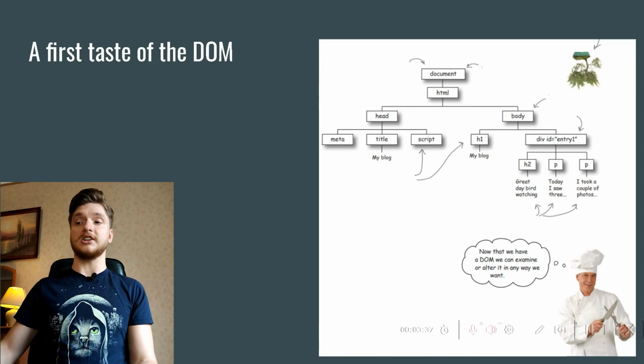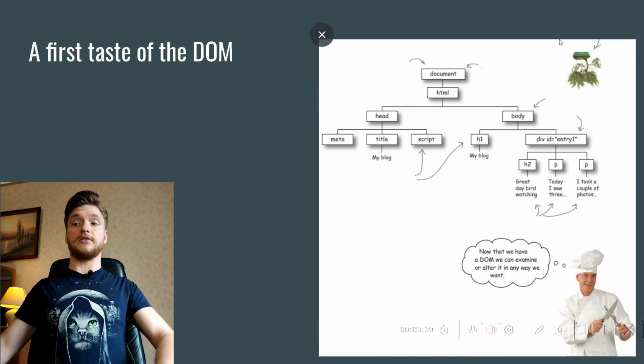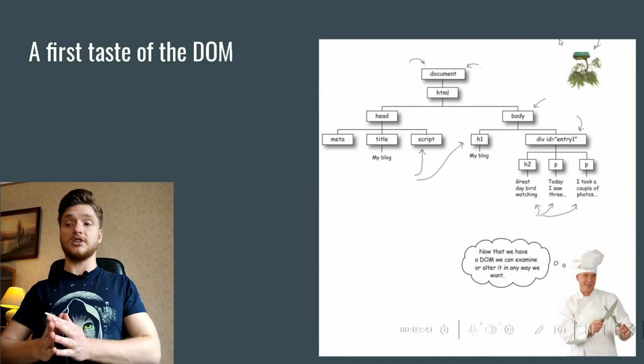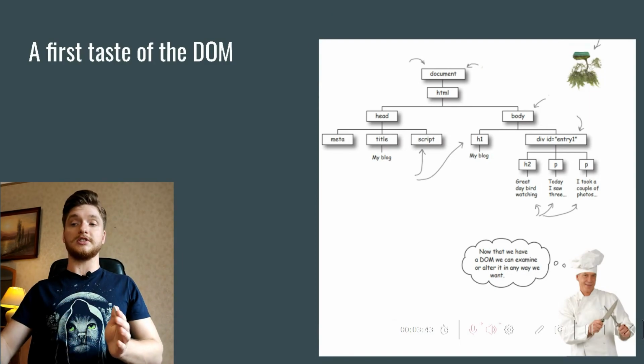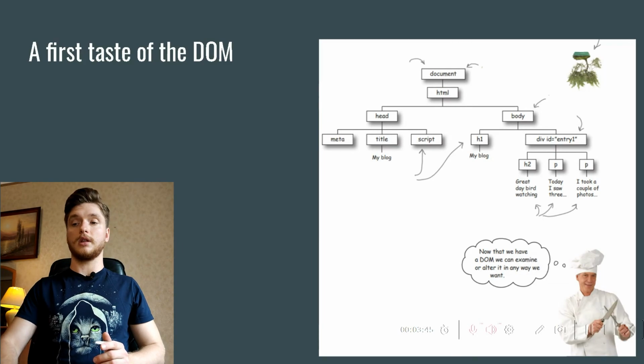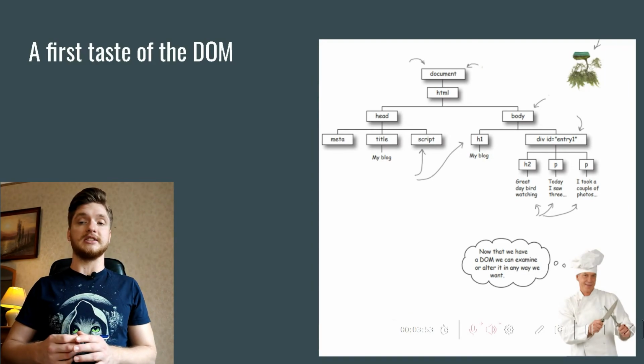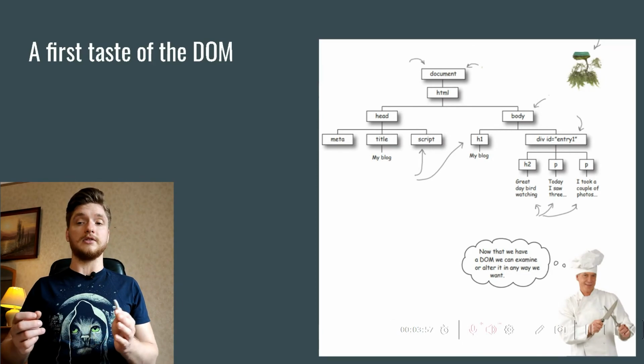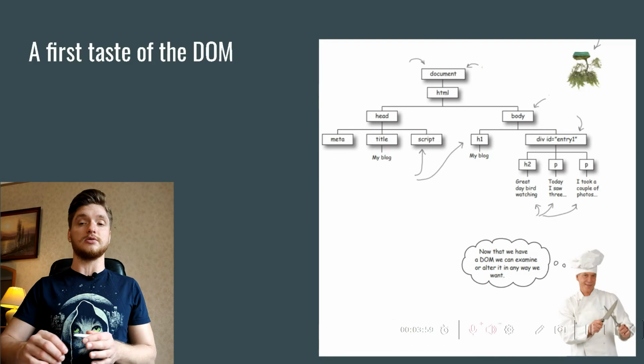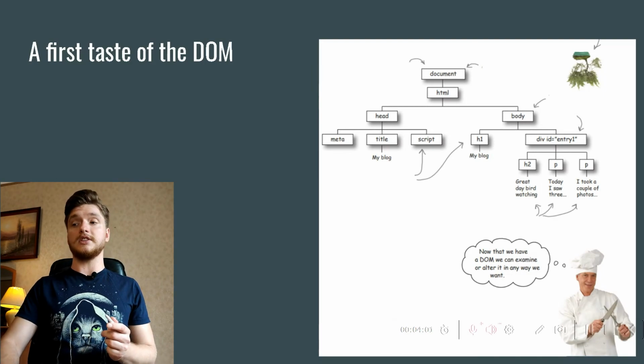We compare the structure to a tree because a tree is a data structure that comes from computer science. Document is like the root of an upside-down tree. Document is always at the top. Document is a special part of the tree that you can use in JavaScript to get access to the entire DOM. These are like the branches of the tree.